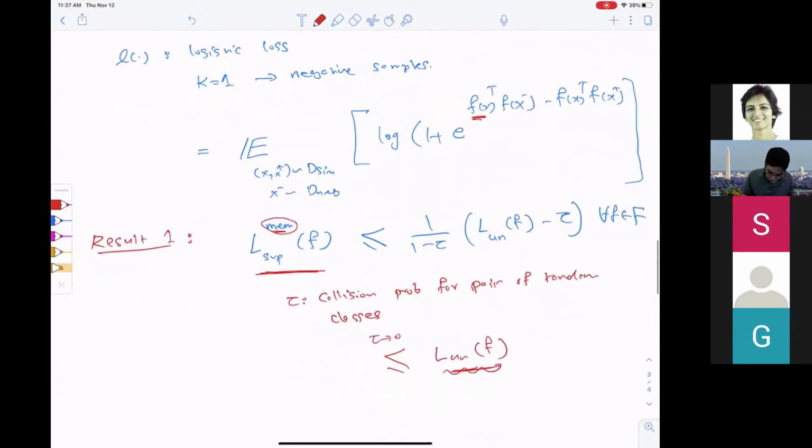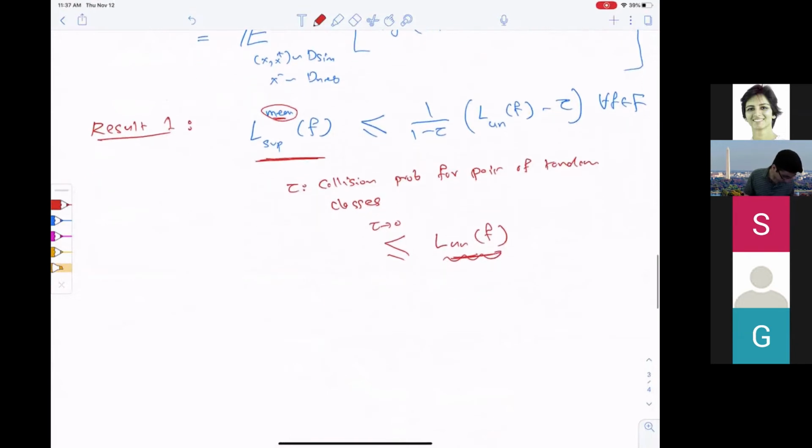Okay. So that's their first result. But what would be the ideal result? The ideal result would be if you pick F star, the minimizer of the unsupervised loss, and then on top of it an optimal linear classifier.